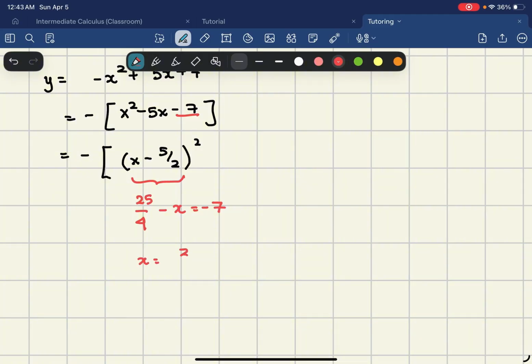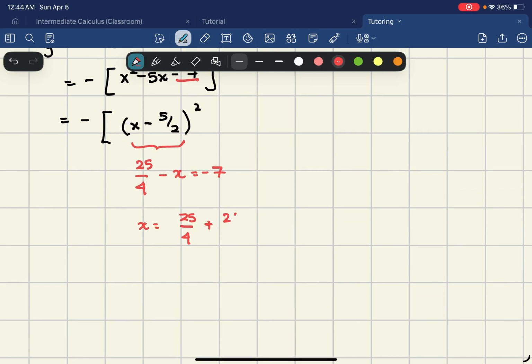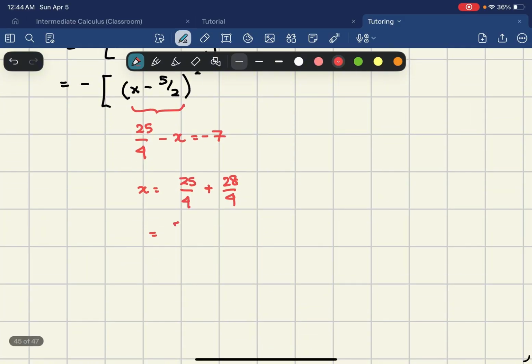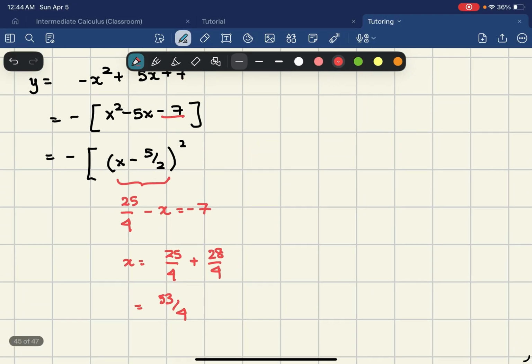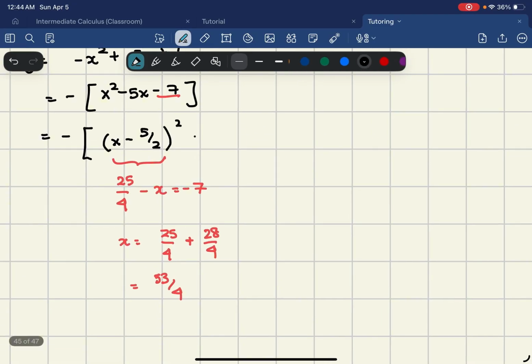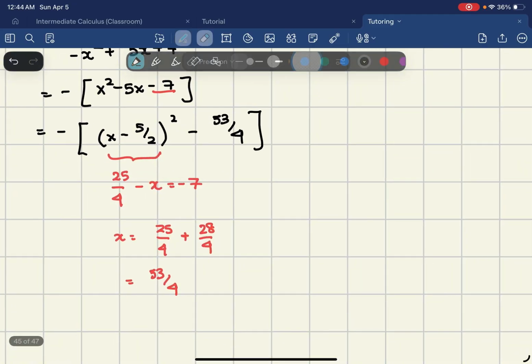If you solve, you're just going to get 25 over 4 plus 7, right? And 7 is just 28 over 4. So if you simplify, you get 25 plus 28 over 4. That is 53 over 4. So you need to subtract 53 over 4 to get to negative 7.